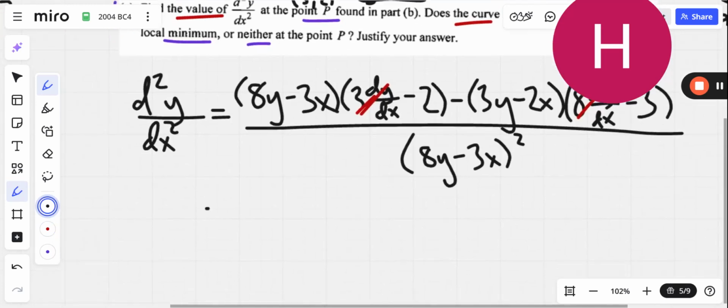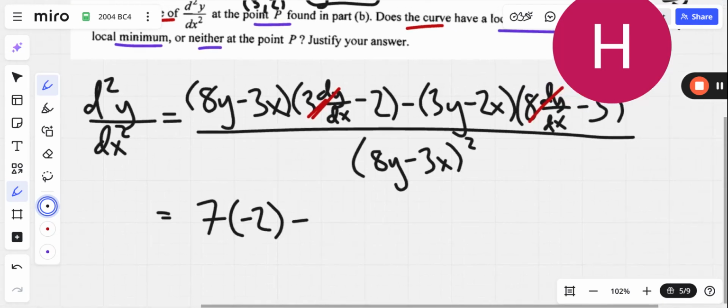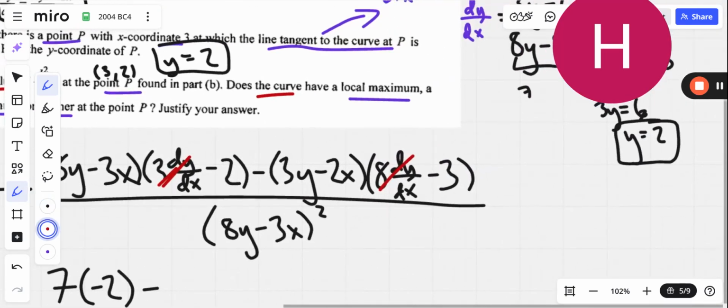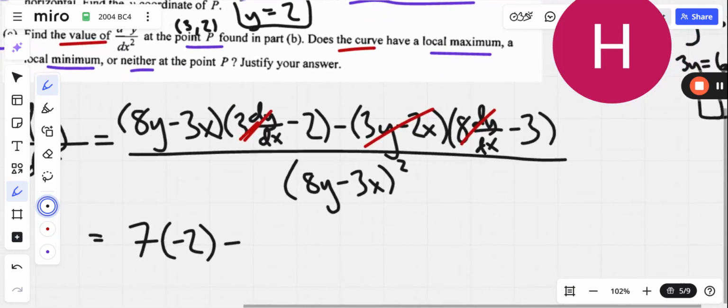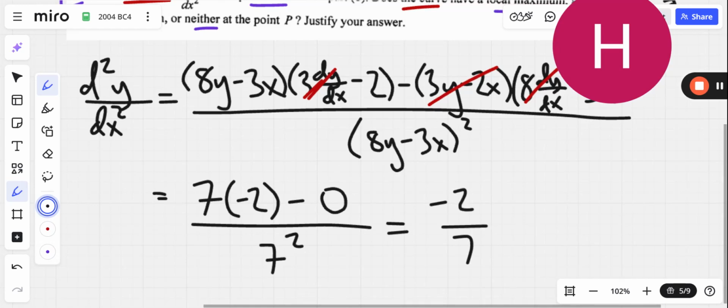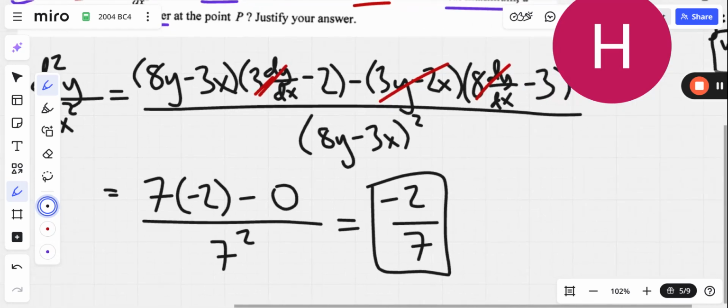And then 8y minus 3x, that just equals 7 times negative 2, minus 3y minus 2x. Of course, that is also going to be 0. That whole thing is going to be 0, right? 6 minus 6. And then we have over 7 squared. So it looks like we just get negative 2 over 7. That's the value of the second derivative at this point.